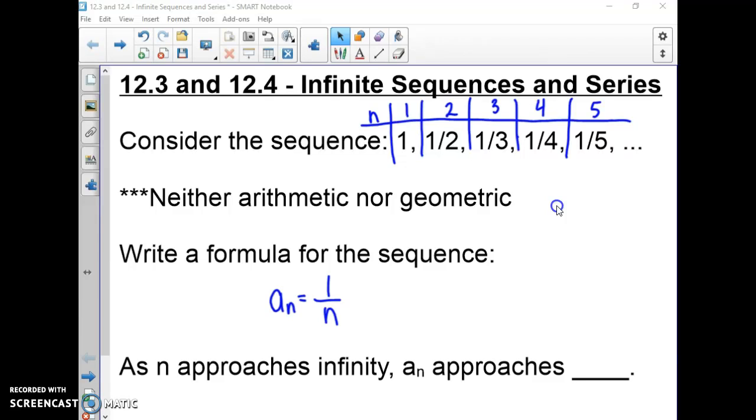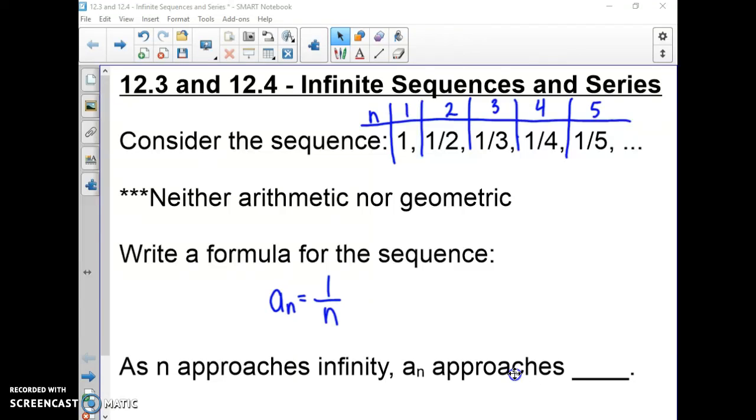Okay, so what we're going to be looking at here for these infinite sequences and series is infinite. We're going to be looking at what happens as the numbers get bigger and bigger and bigger. All right, so as n approaches infinity, so for 6, 7, 8, 9, 10, a million, a gazillion, what happens to the value of a sub n?